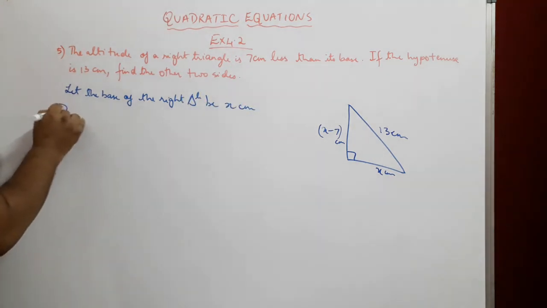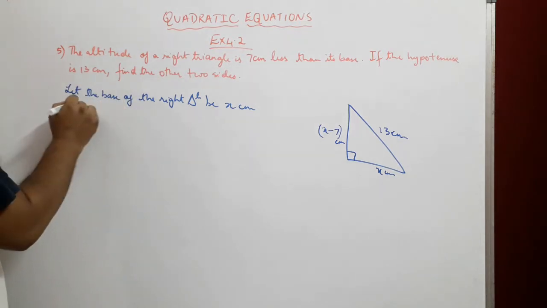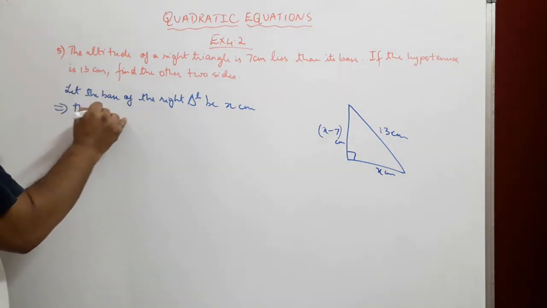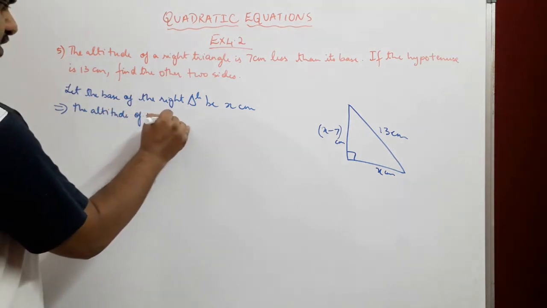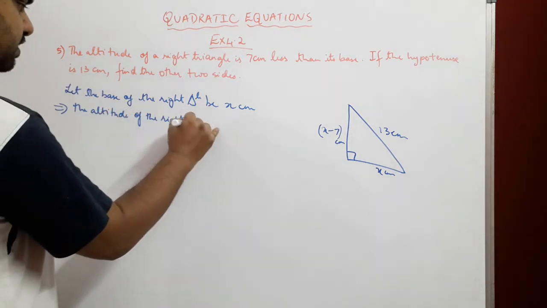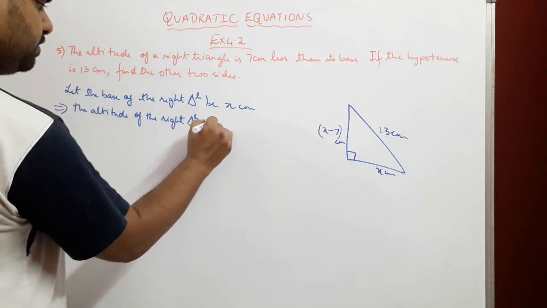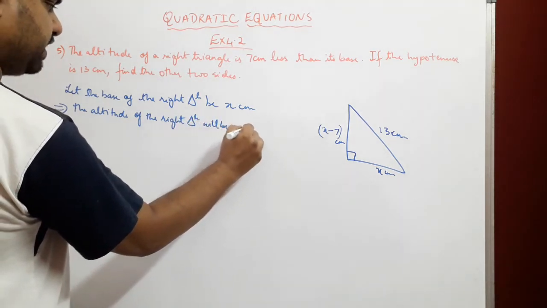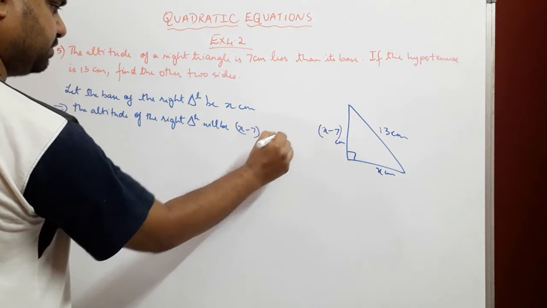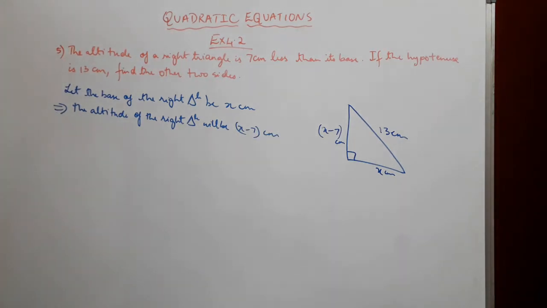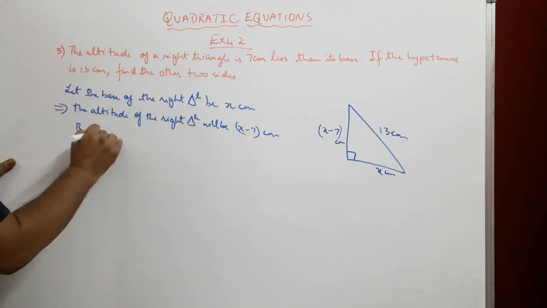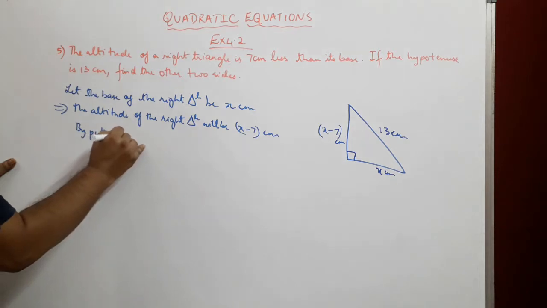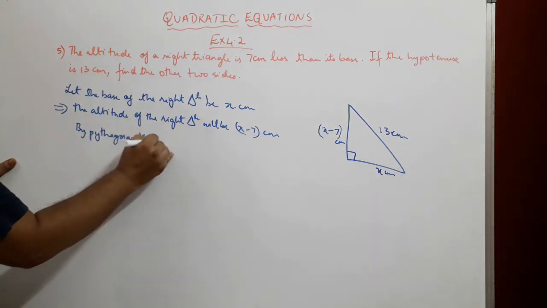This implies that the altitude of the right triangle will be x minus 7 centimeters. Okay. So by Pythagoras theorem, what does the Pythagoras theorem say?